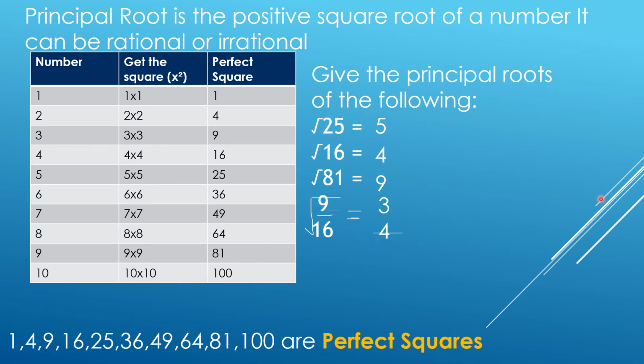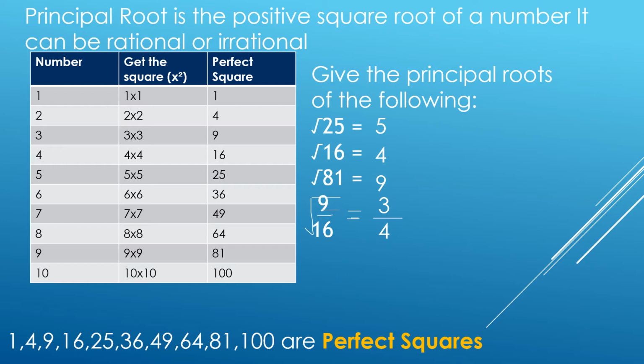And square root of 16 is 4. So the answer there is 3/4. Okay? That's how you're going to get the principal roots of the perfect square numbers or the rational numbers.